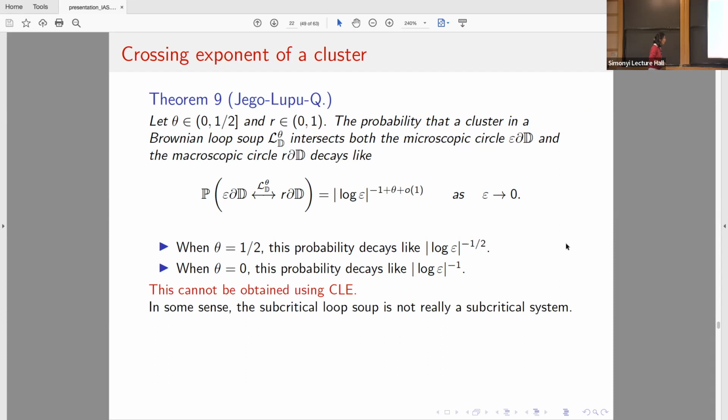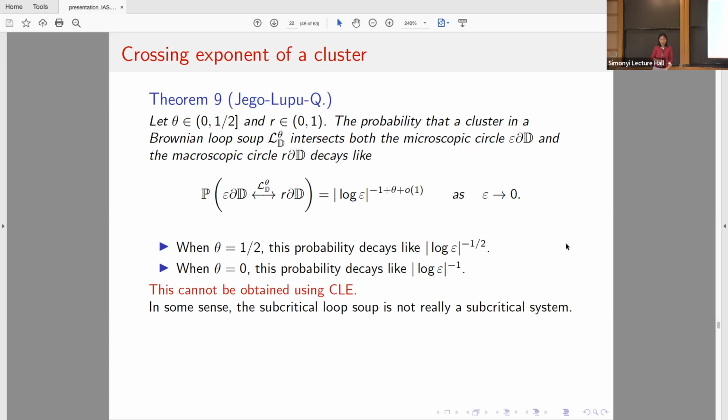I don't have time to go into the details of how we obtain this crossing exponent, but one thing worth emphasizing is that this exponent cannot be obtained using SLE and CLE.